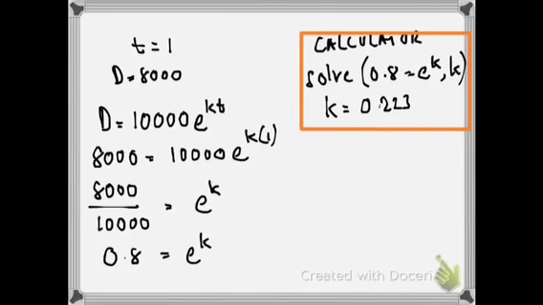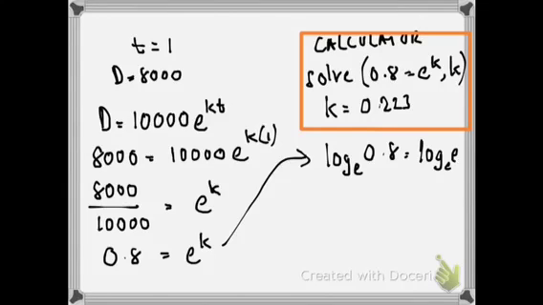But if we were to use logs, we go from this step here, and what you do now is log both sides to the base e. Whatever you do to one side of an equation, of course, you can do to the other. Then log 0.8 to the base e equals, if I bring the k out the front, k log e to the base e.